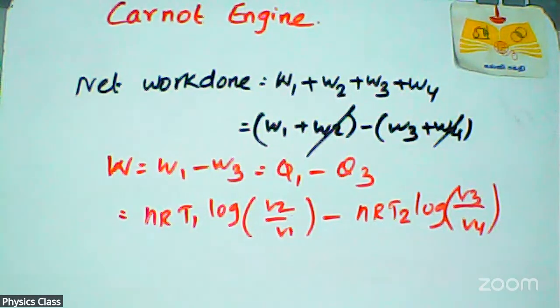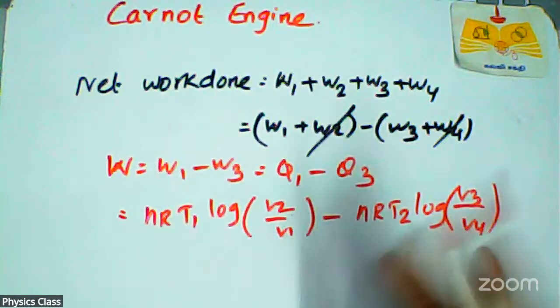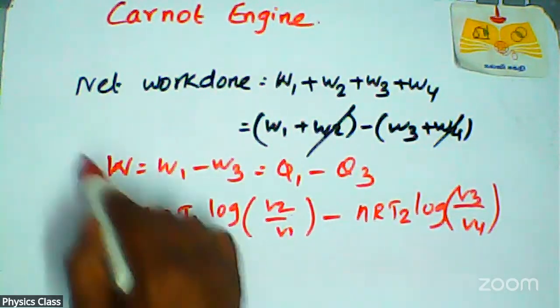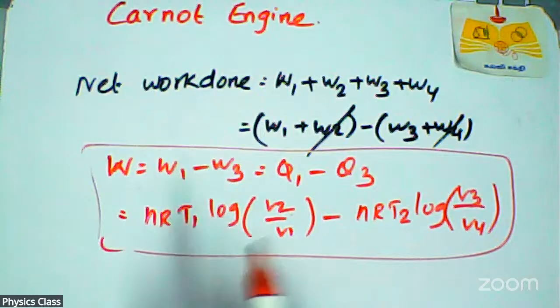So now we can calculate the efficiency. This is the total work done on that Carnot cycle process. The next step, we have to calculate the efficiency of the Carnot engine.